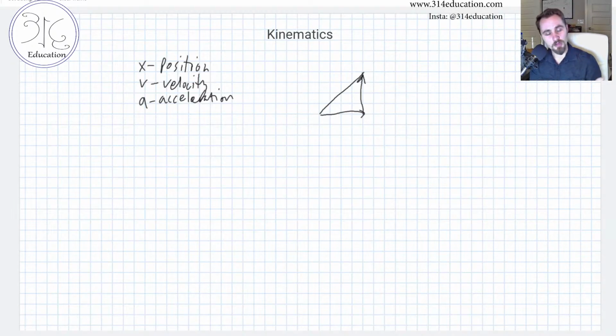All you do to break something into components is take your main vector, which would be the hypotenuse here, and follow from the tail of the vector up to the tip of the vector, traveling only along directions on your coordinate system. What is the magnitude of my vector? Well, if your vector is the hypotenuse of this triangle, I can find that magnitude using the Pythagorean theorem. The Pythagorean theorem tells us that a squared plus b squared equals c squared.